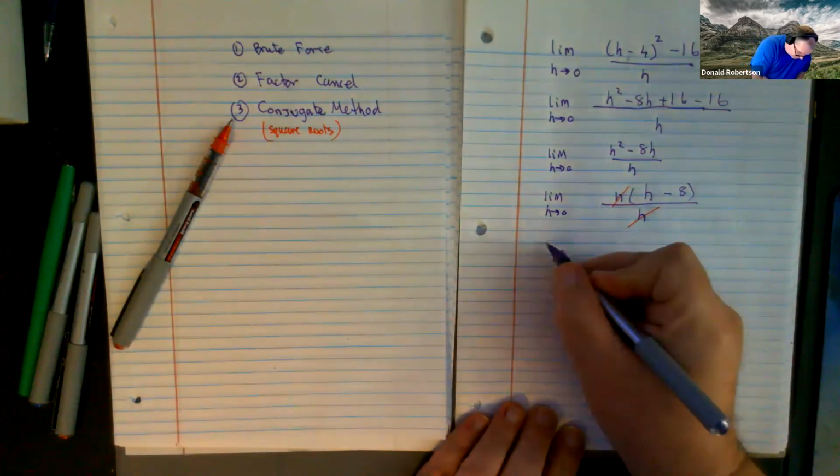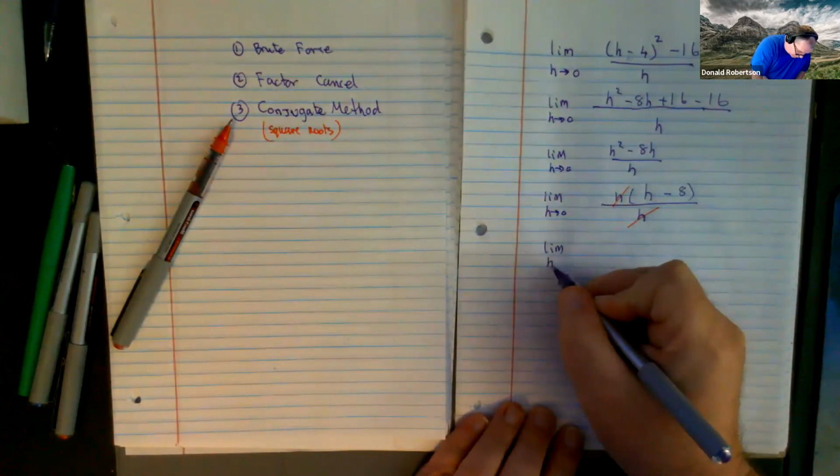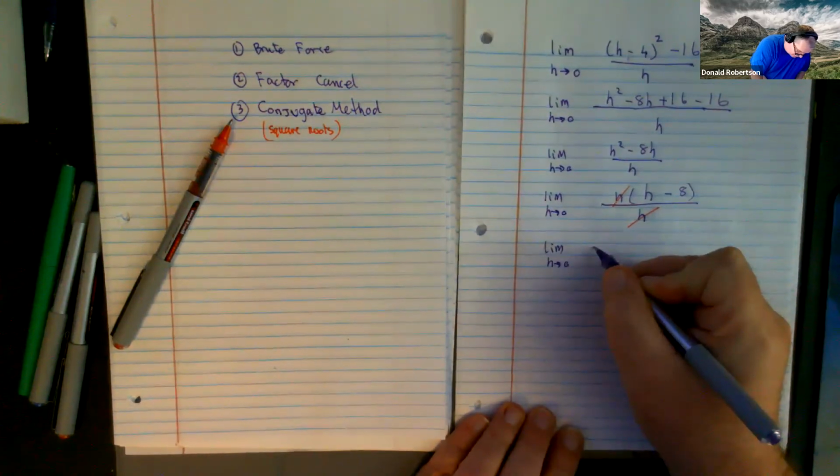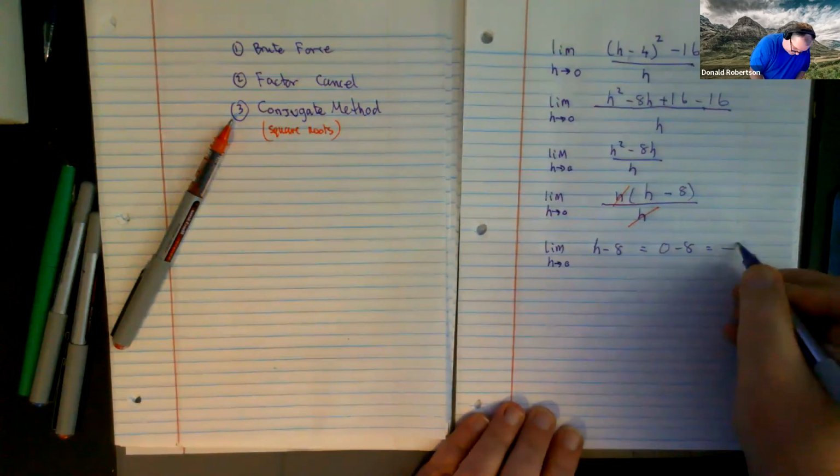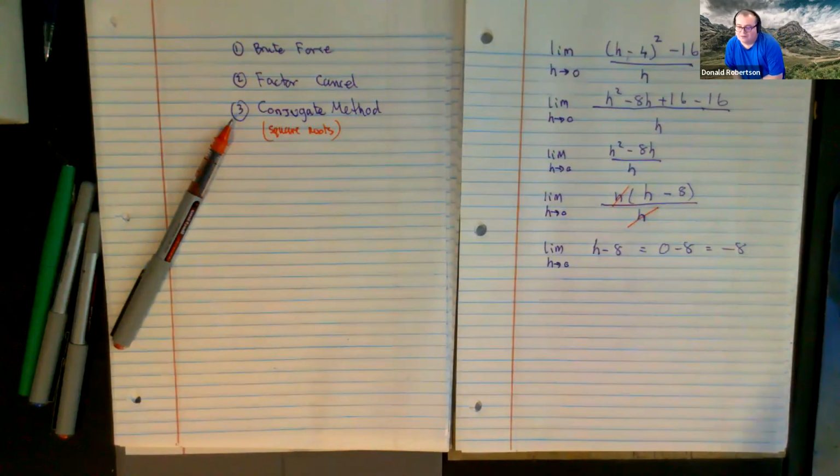And when we cancel, we end up with h minus 8. Exactly. So we now have an algebraic way of finding the overall limit. Have you noticed that these questions are back to overall limits again, right?